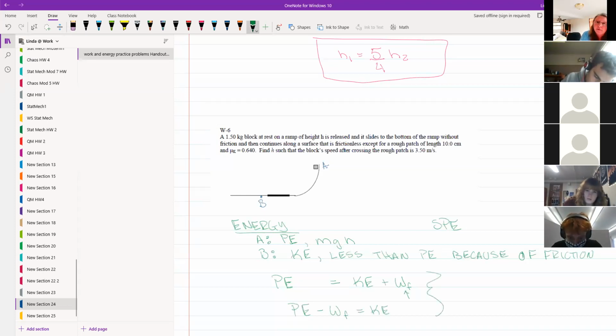They're both equally right. So I have some amount of potential from the height, I'm going to lose some of that energy to the work due to friction, and in the end, I'm going to have kinetic energy. Or you can say, I have potential energy, and that's going into two things. It's going to go into my kinetic energy and the work due to friction.